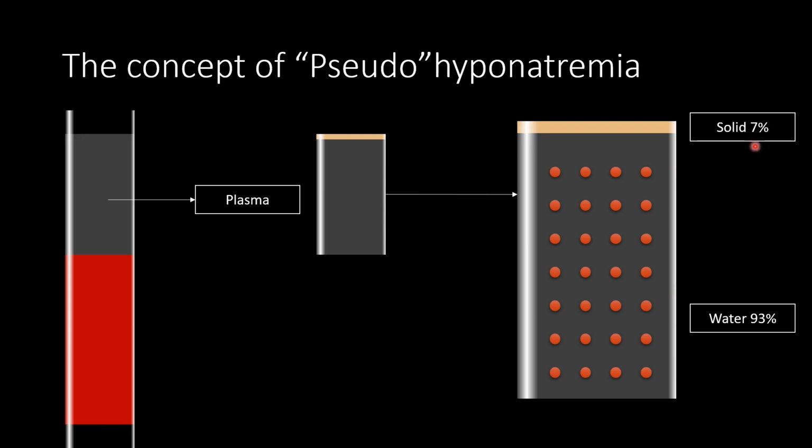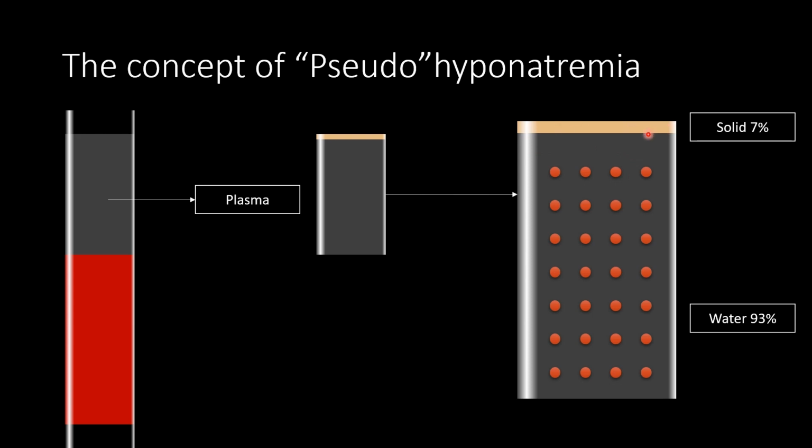The electrolytes that are dissolved, we can think of mainly sodium. The sodium is mainly dissolved in the water compartment. Obviously it will not be dissolved in the solid. The sodium concentration actually refers to the concentration in the water compartment, because there is no sodium in the solid compartment.